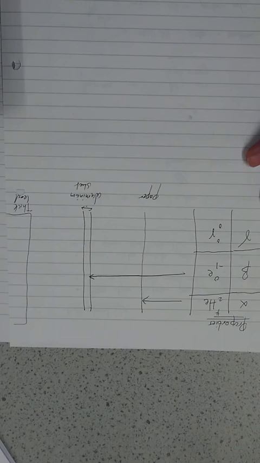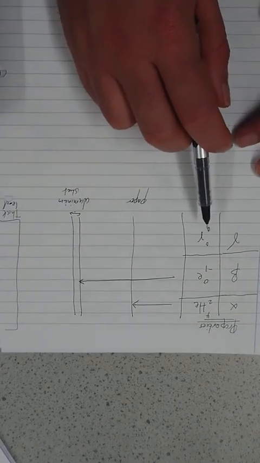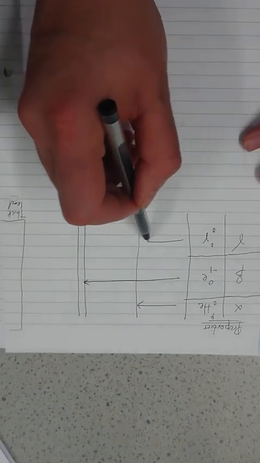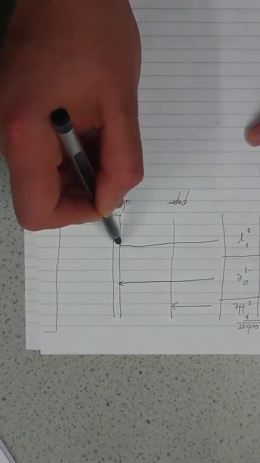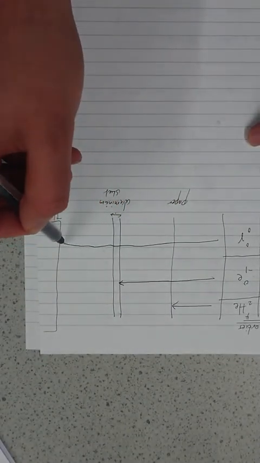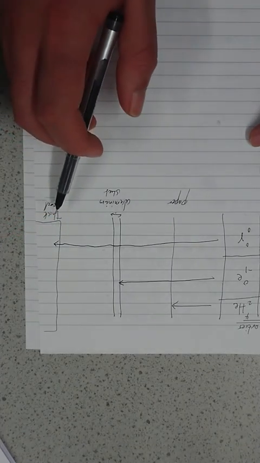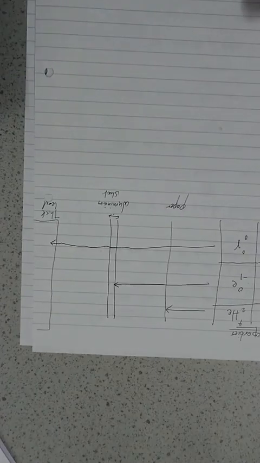All right. Gamma, on the other hand, since it's very small and has high energy, will go through paper, through aluminium sheet, and is stopped by thick lead. If the lead is very, very thick, then it's going to get stopped.